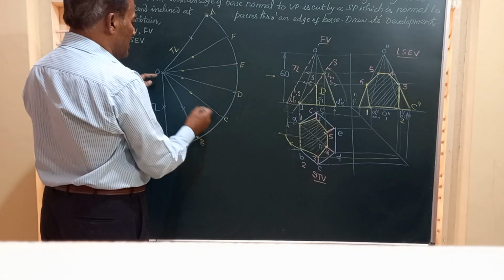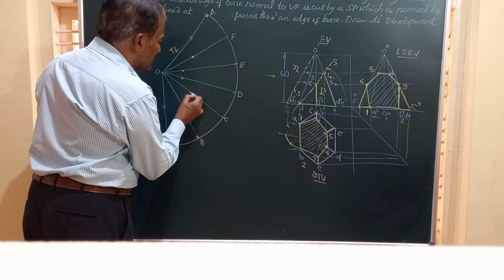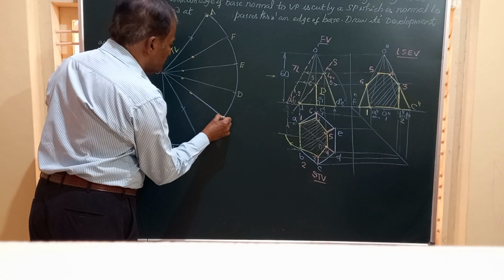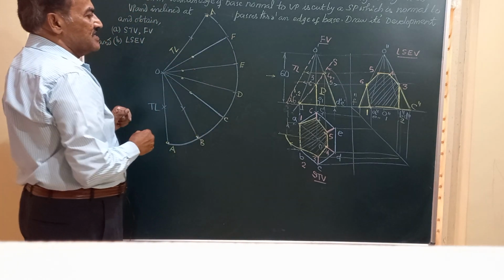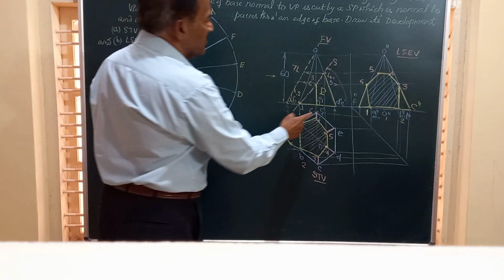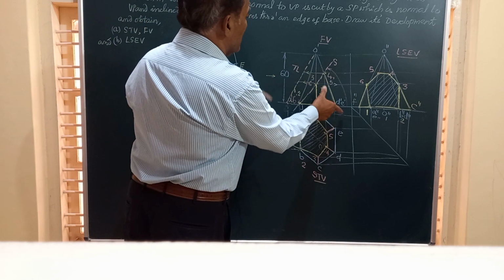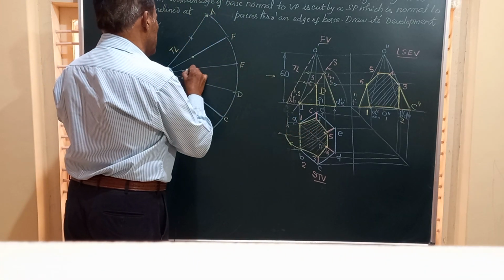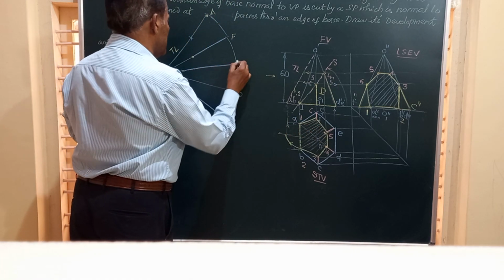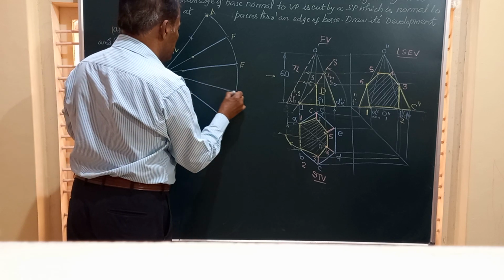OC and OF, that is retained. The portion below that is retained. And after that, on OD and OE, the longer height is retained. On OD and OE, this is to be retained.